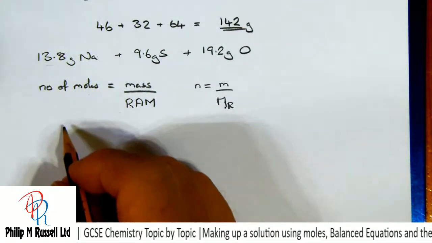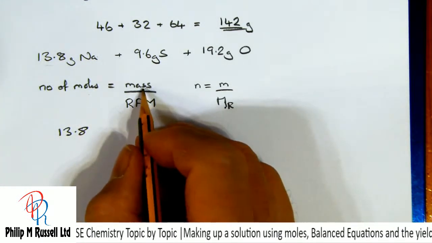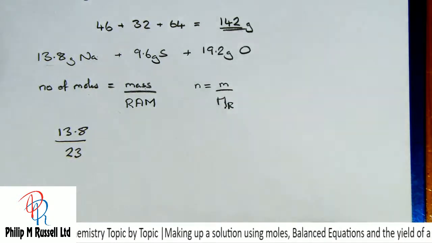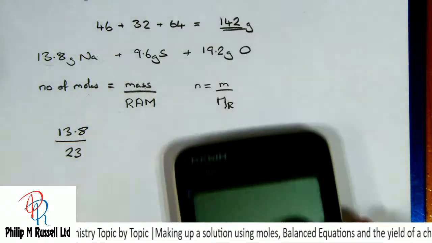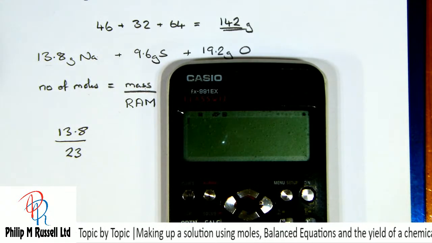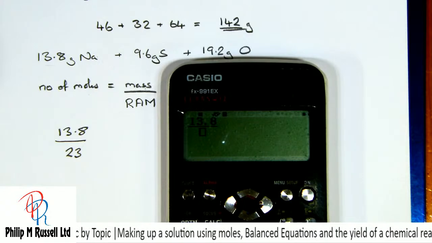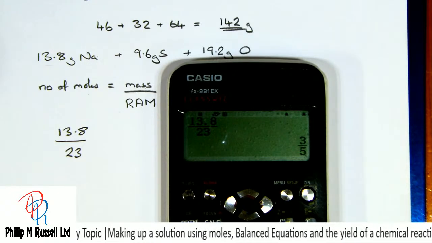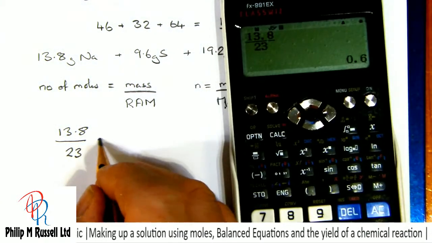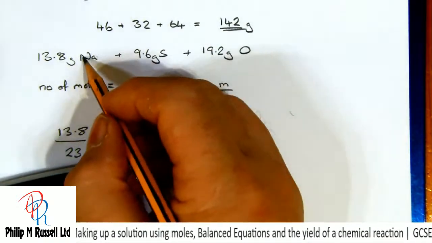We've got 13.8 grams of sodium over the mass of sodium, which is 23. Let's get the calculator out and we'll do this. So it's going to be 13.8 over 23, which is going to give me 3/5 or 0.6. So I've got 0.6 moles of that.